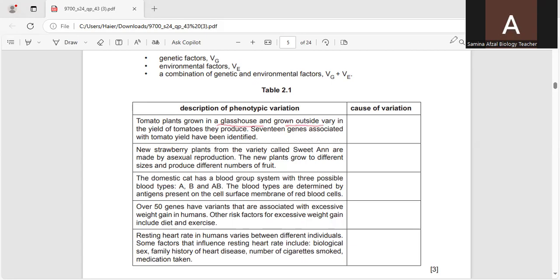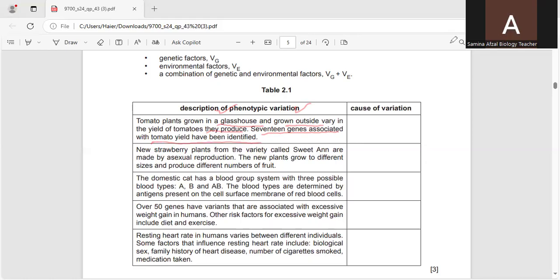They were grown at two places, in the glass house and outside, varying the yield of tomatoes they produce. So there will be variations in the glass house and outside. 17 genes associated with tomato yields have been identified.